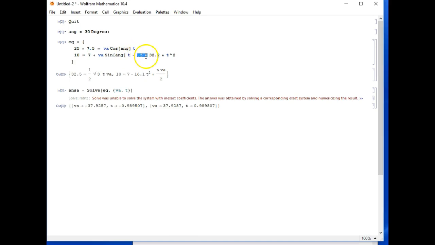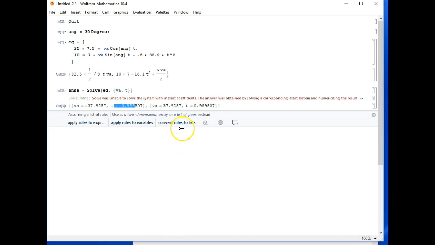This would be 1/2. This guy would be 322 divided by 10. So you can do clever things like that and get rid of that warning. But anyway, most of the time it works just fine. There's two answers because it's quadratic. You obviously throw this one away because you don't want negative time, and so the velocity is 37.92.